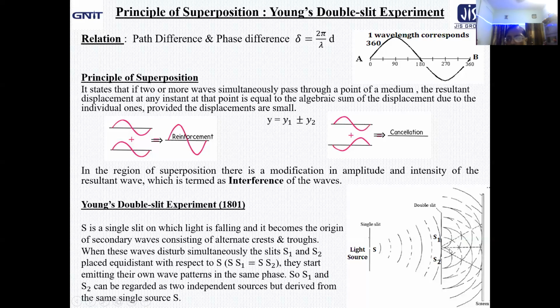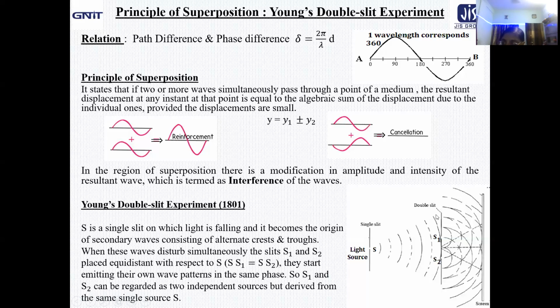So what should be the intensity? From the physical point of view, it will be (2A) whole square. So along this line you will expect the maximum intensity, because amplitude is added up, amplitude is the maximum value of displacement, and intensity is the square of amplitude.